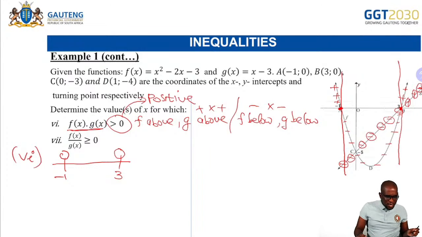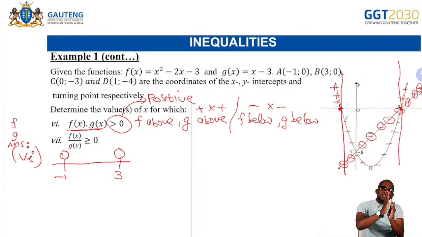Now let us analyze. Remember, we are looking for F times G and it should be positive. So F times G and then the answer, whether it's positive or negative. Let's check on the extreme left of the first vertical line, because we are reading from left to right.